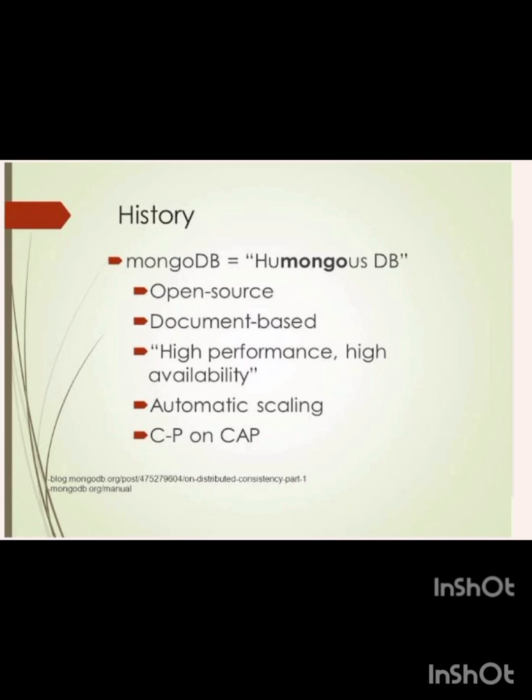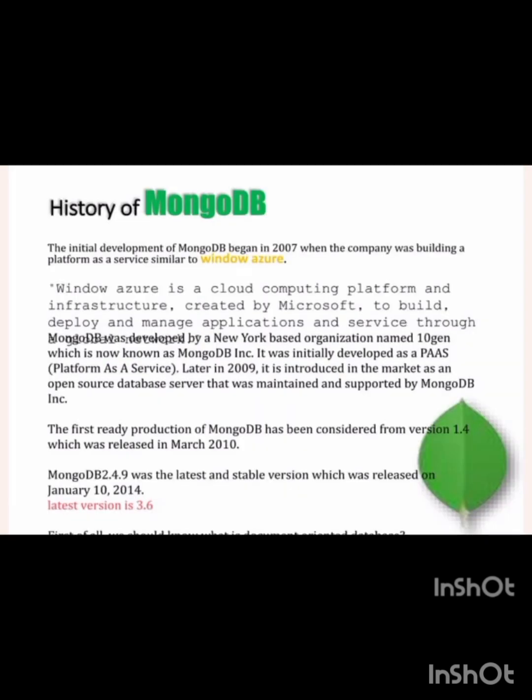It is classified as a NoSQL database program, and MongoDB uses JSON-like documents with optional schemas. MongoDB is developed by MongoDB Inc., and current versions are licensed under the server-side public license, which is considered non-free by some organizations and distributions. So moving on to the next slide, the history of MongoDB.